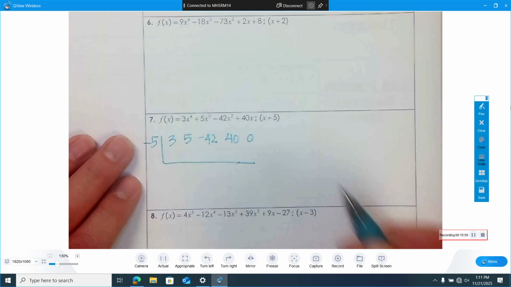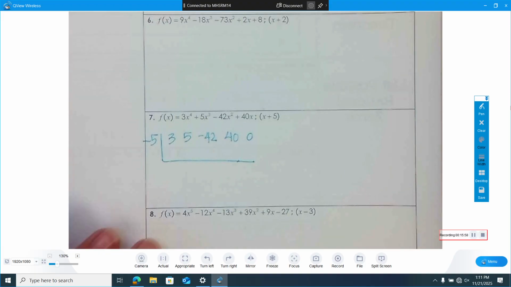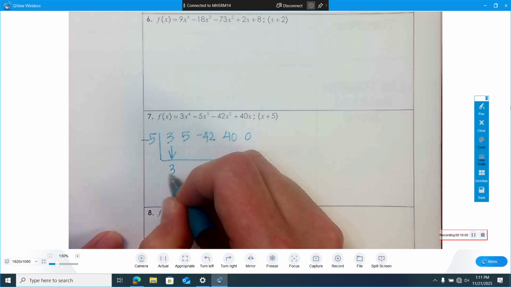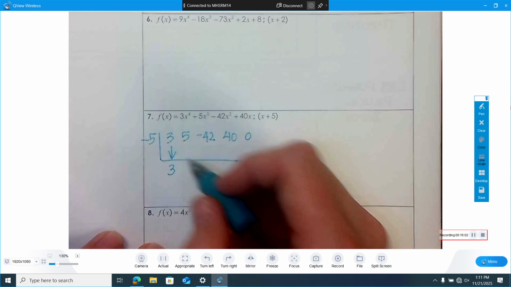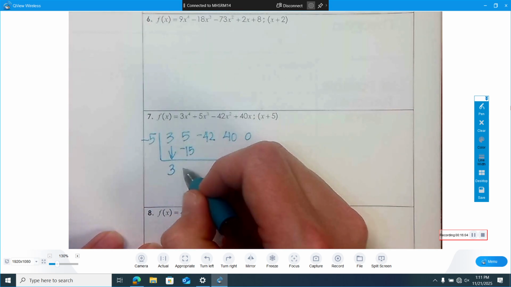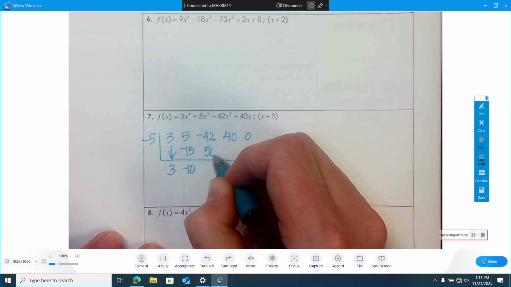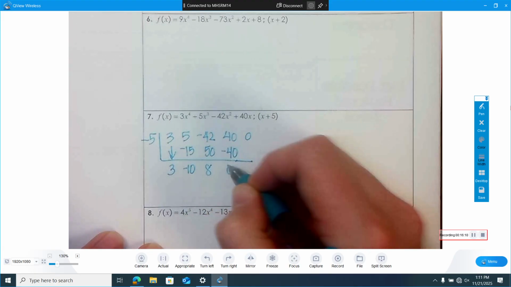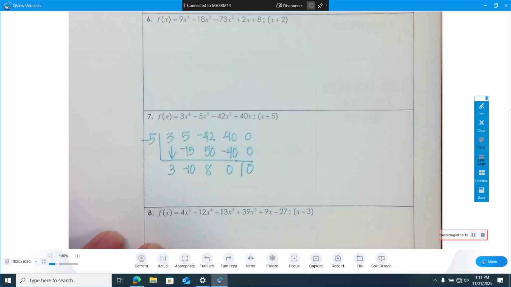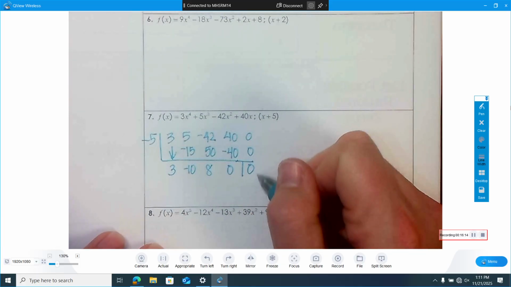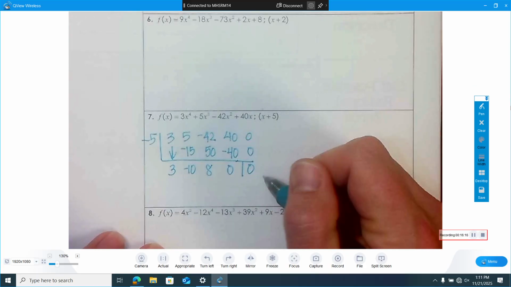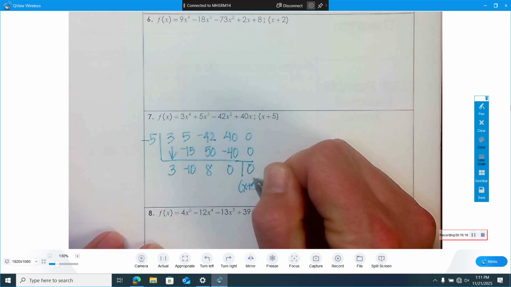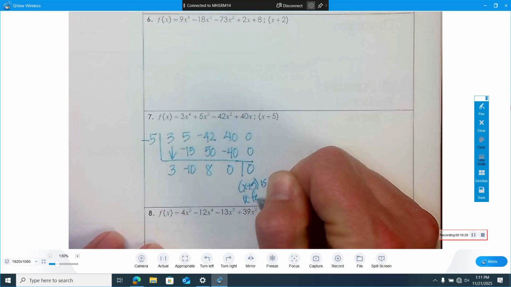We need that constant term as well. Very good. Bring down the 3. Multiply, combine. Multiply, combine. Multiply, combine. Multiply, combine. So because it has a remainder 0, that definitely means x plus 5 is a factor.